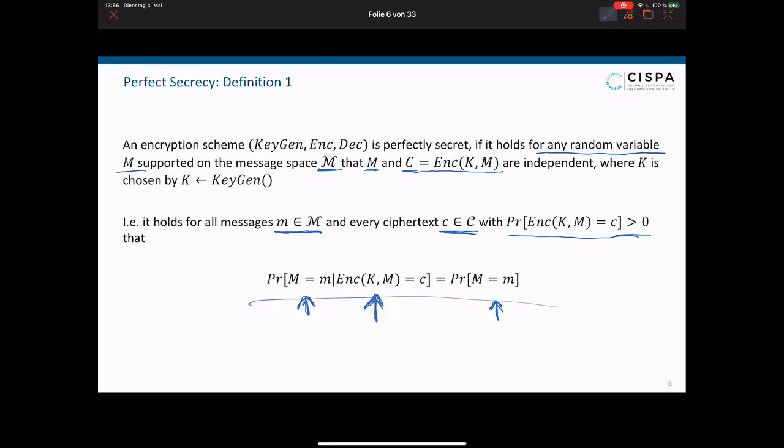So getting to see a ciphertext doesn't increase your confidence that any particular message was encrypted.